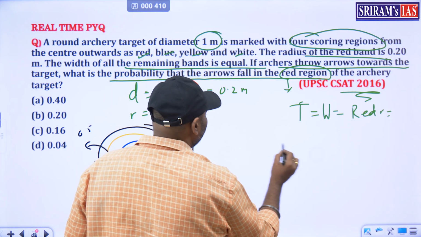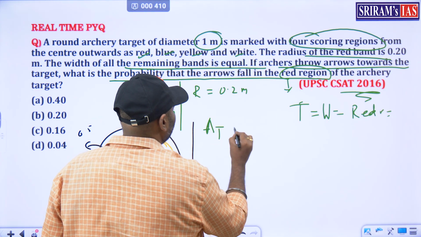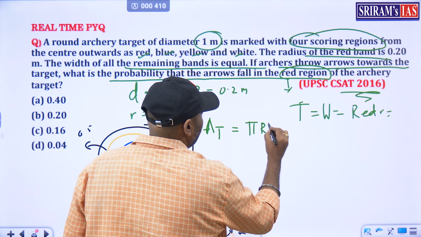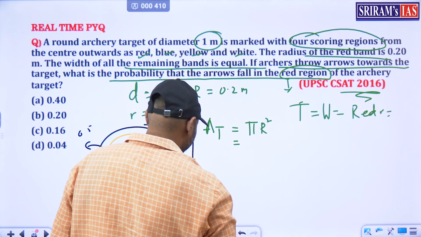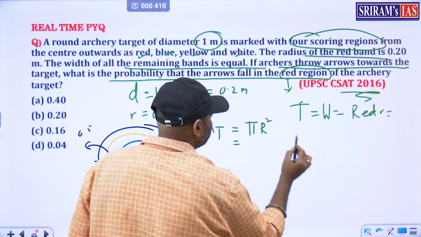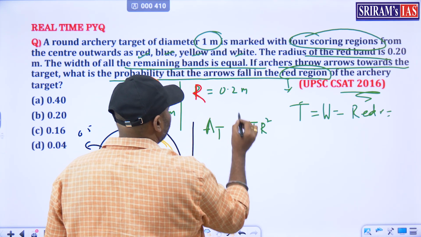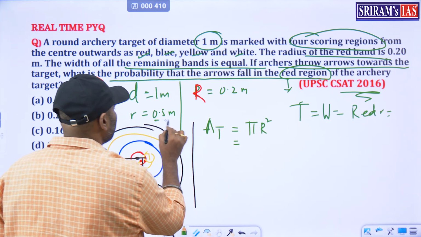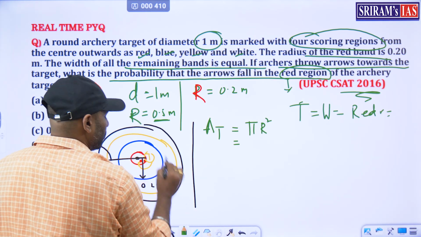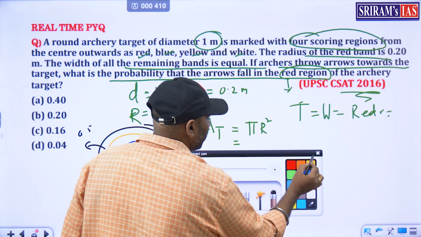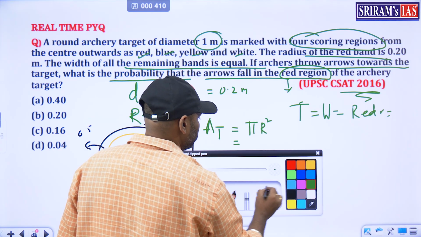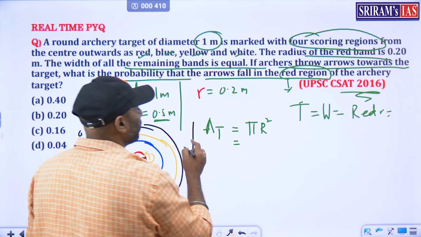Therefore let's solve it clearly. Area of the total is pi r square. Red radius is 0.2, pi r square. Total is 0.5, I take this as the bigger radius and this as the smaller radius, so that there is no confusion.